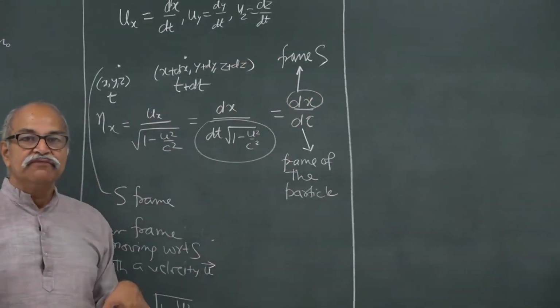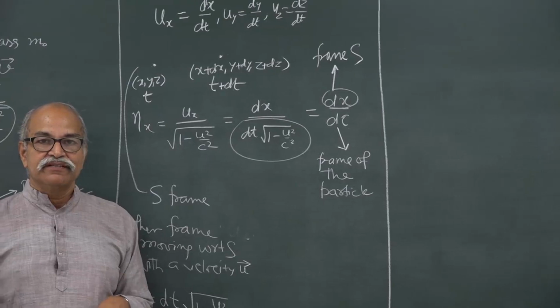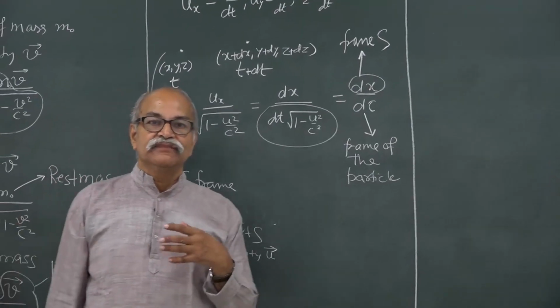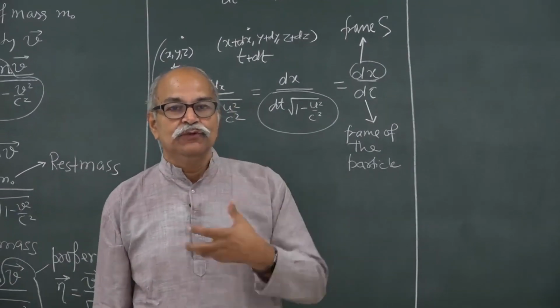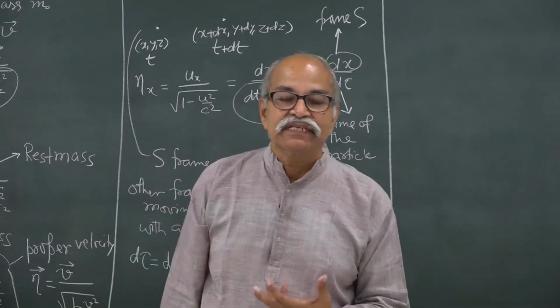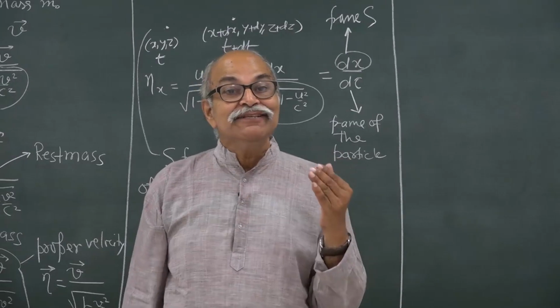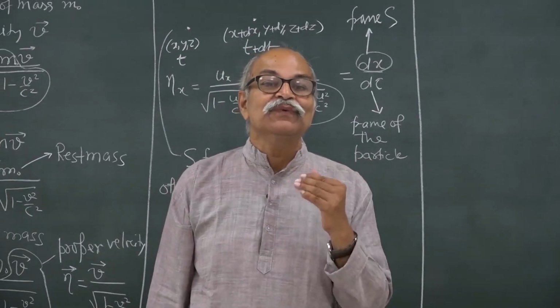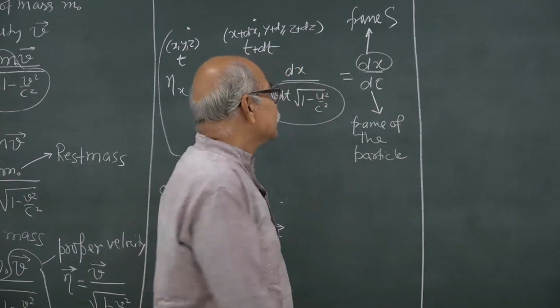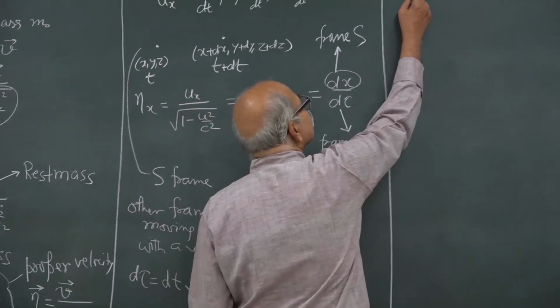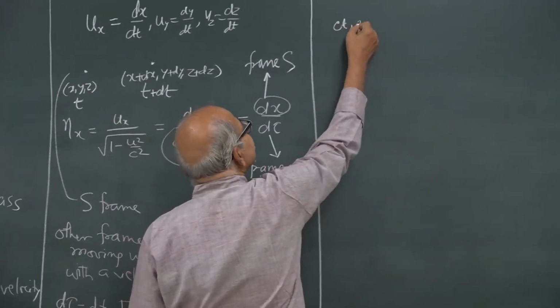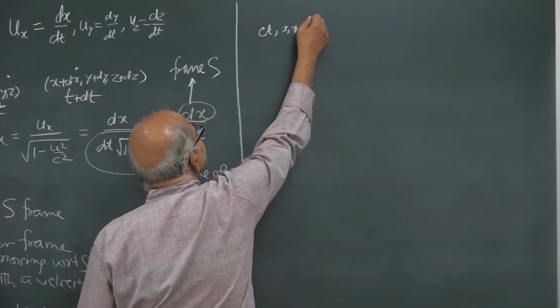Now, this proper velocity that we have defined has a very good use in the theory of relativity, because you can construct a velocity 4 vector or 4 velocity. Remember, any vector that transforms like (ct, x, y, z) is a 4 vector.